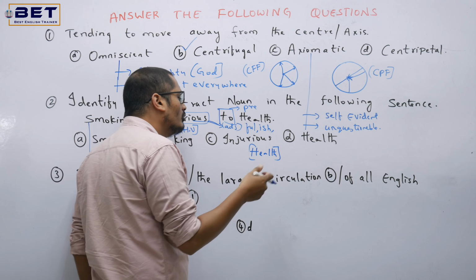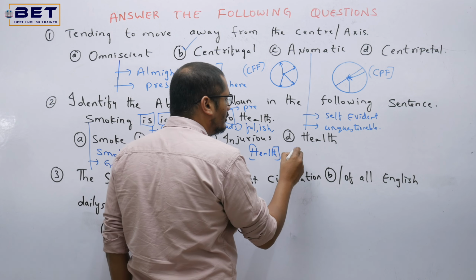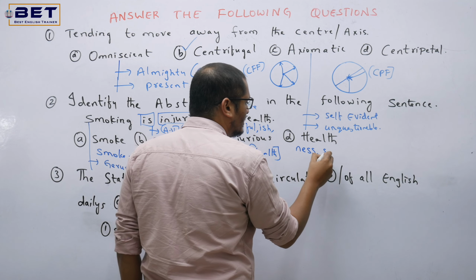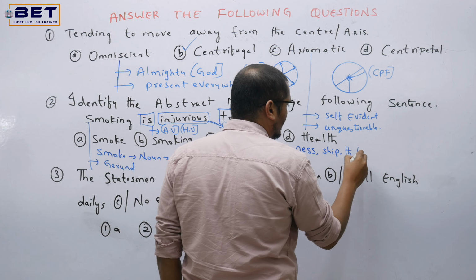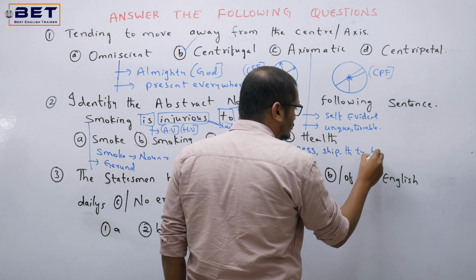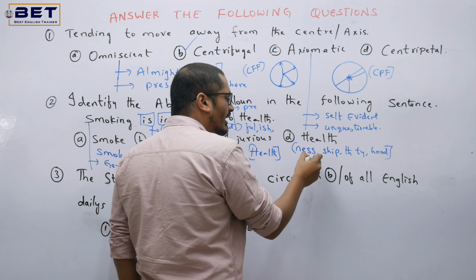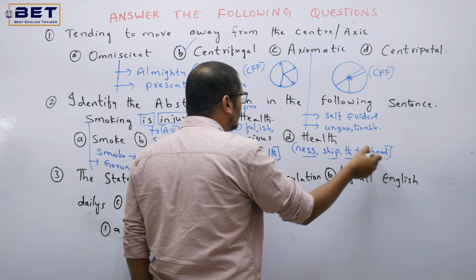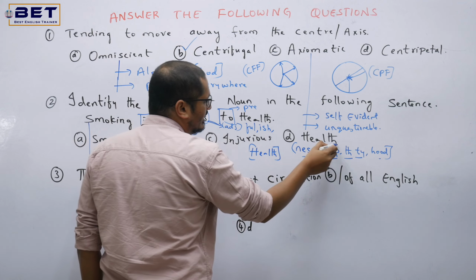How do we determine or find out an abstract noun? For example, if a word ends with ness, ship, th, ty, hood, all these words with these suffixes are very simply abstract nouns. Here we have health, th.